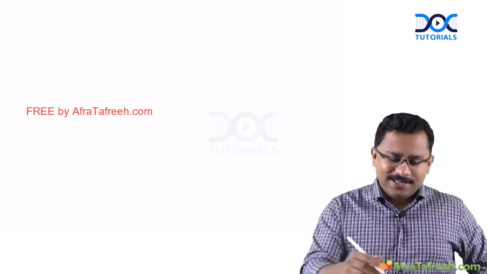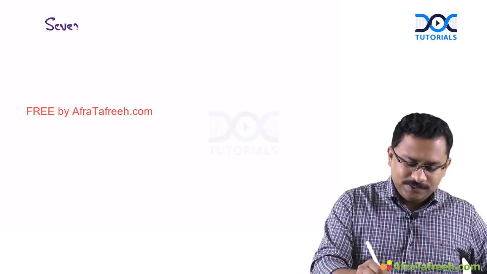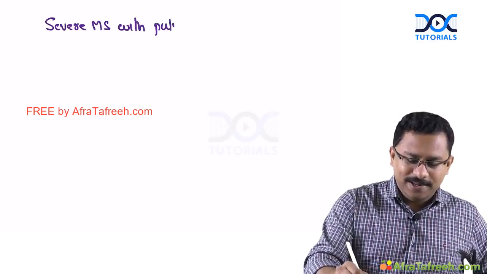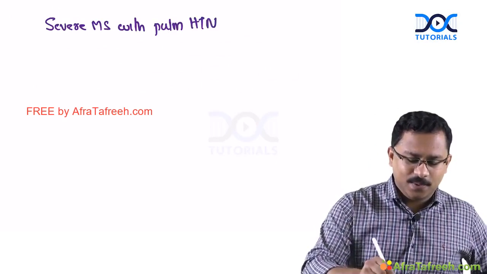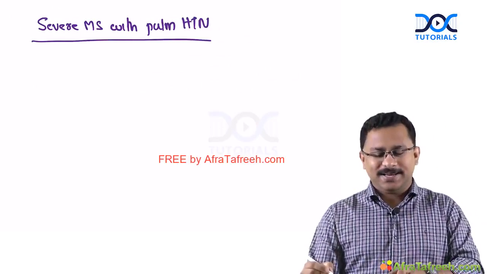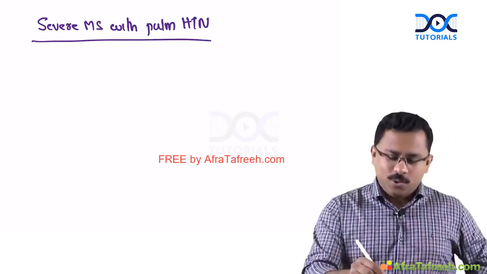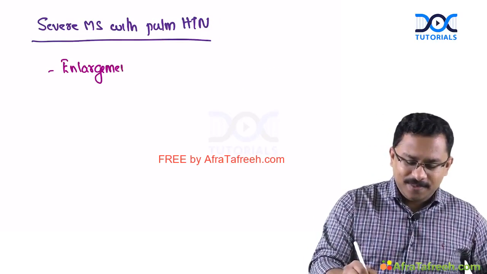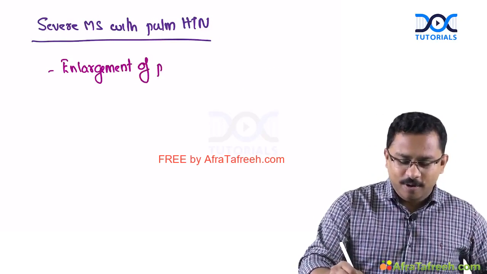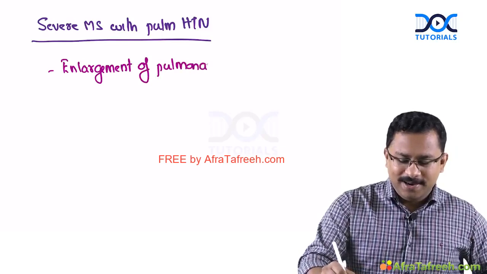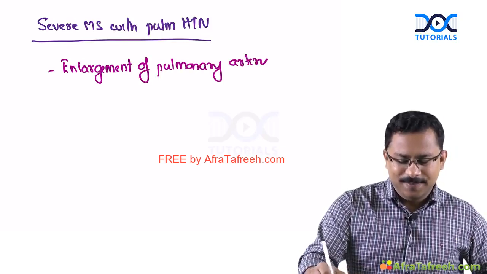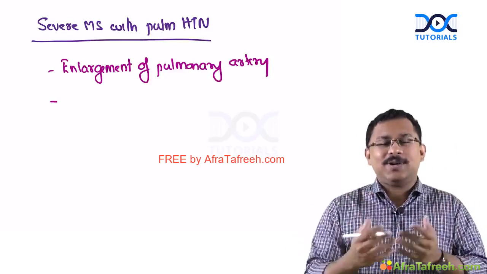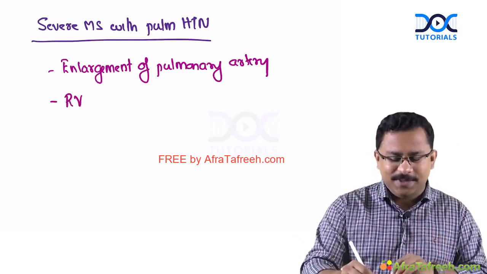Now a patient with severe mitral stenosis with pulmonary hypertension is definitely going to have an enlargement of the pulmonary artery. And as the disease progresses, you are going to have an RV enlargement.